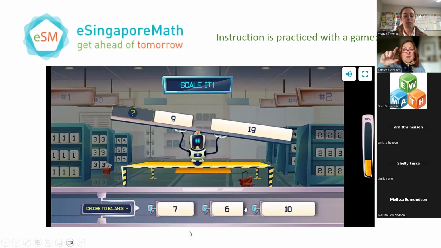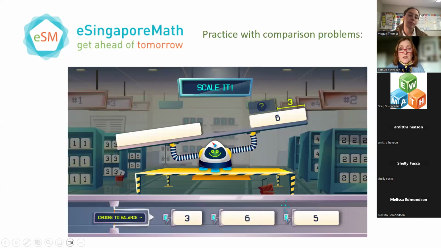And there you have it. And see, the idea of the bar model, that long, narrow rectangle, is used over and over again to help the children. That's consistent with helping them to understand what's going on. And here's a comparison problem. This one is getting a little more sophisticated.